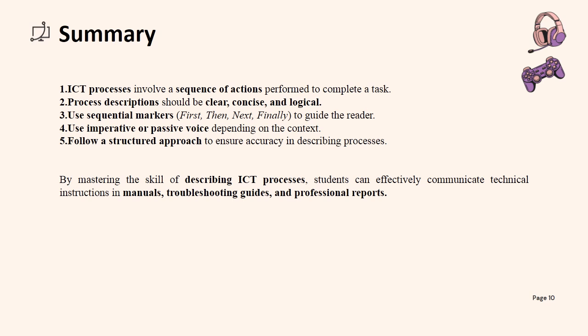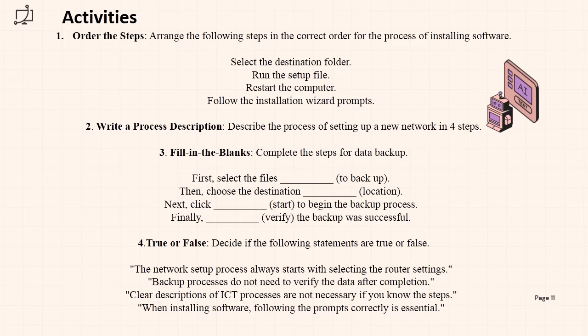Using sequential markers is essential to guide the reader, and using imperative or passive voice depending on the context. Okay, follow a structured approach to ensure accuracy in describing processes. So by mastering the skill of describing ICT processes, students can effectively communicate technical instructions in manuals, troubleshooting guides, or professional reports. That was all concerning the lesson.